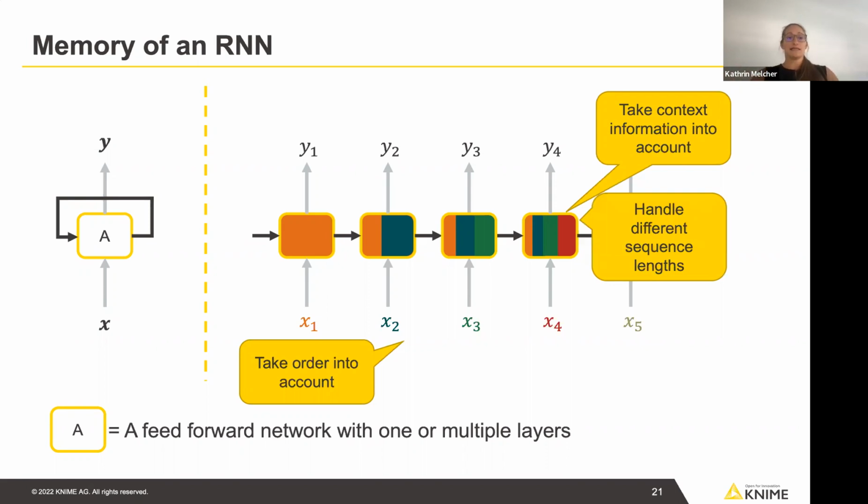And another nice advantage of recurrent neural networks is that they can handle different sequence lengths. This is also important for us, because in the beginning we might have only 1 node, and then later on we have 3 or 4 or 5 or 6 or 20 nodes, and then we always want to take all of them into account when we predict the next node in our sequence.